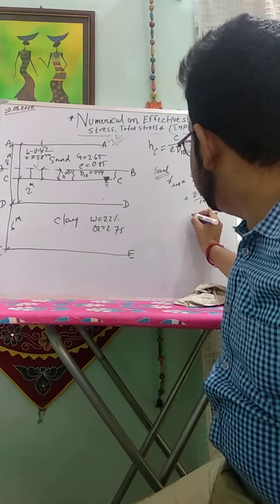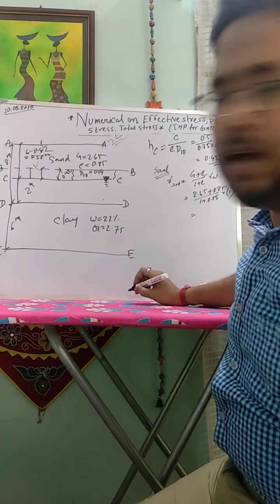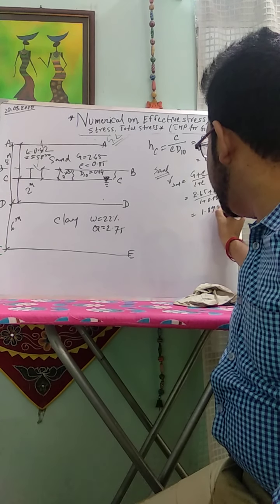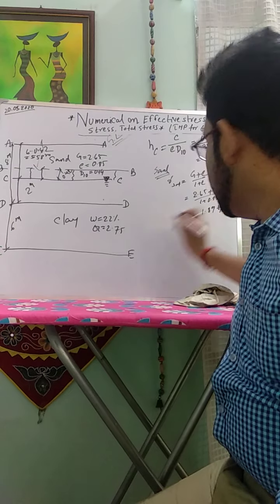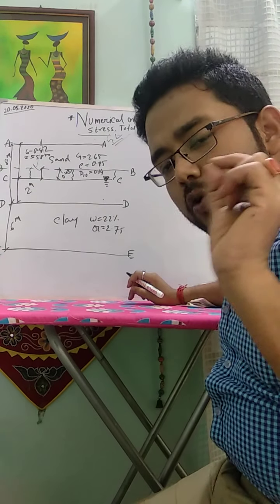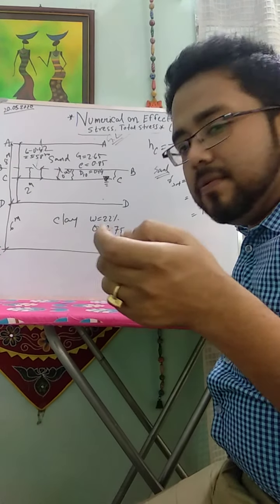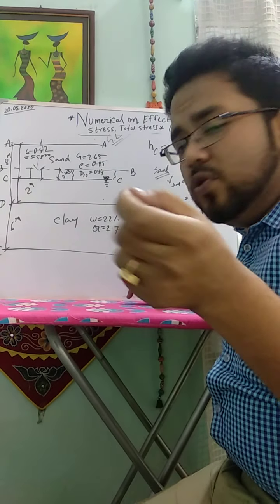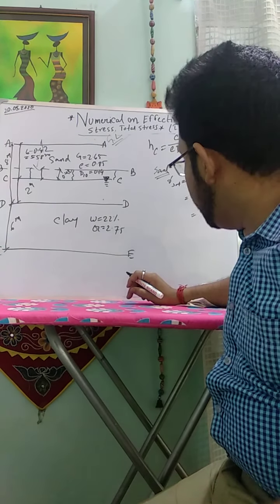That's why this value is 1.89, I think, 1.89 ton per meter cube. You solve the numerical on your own, because maybe my calculation will be wrong.